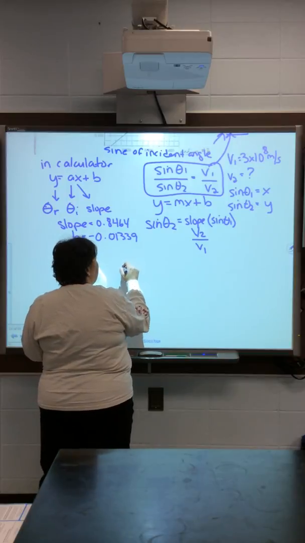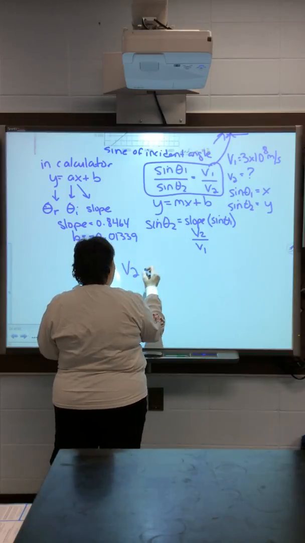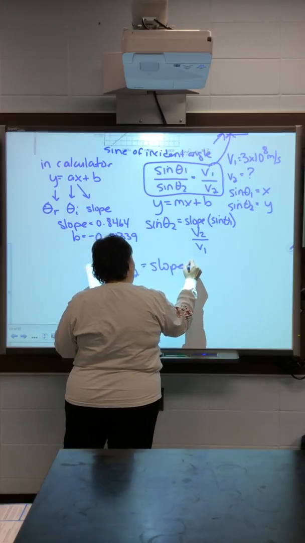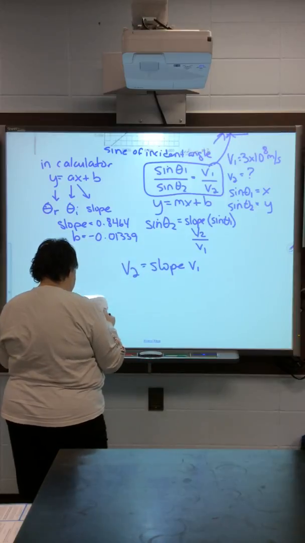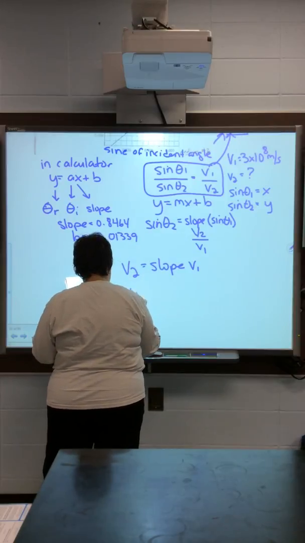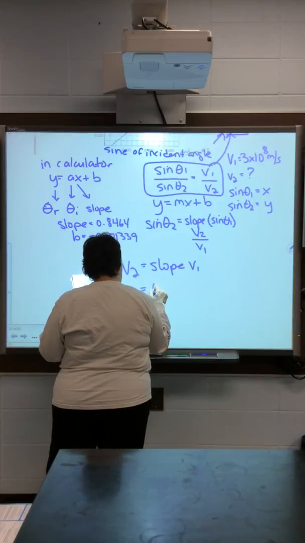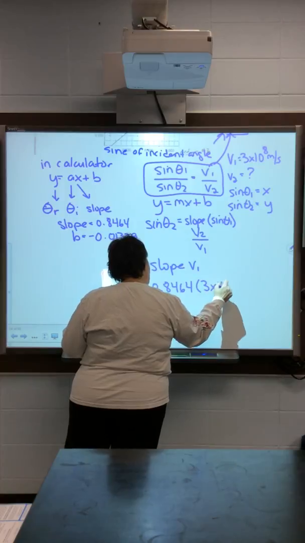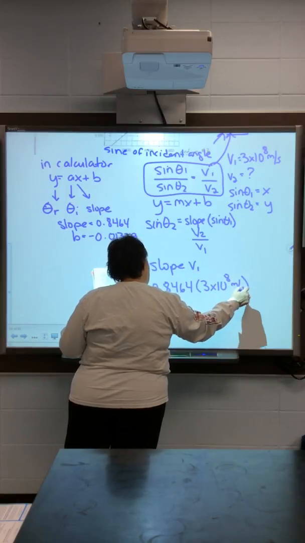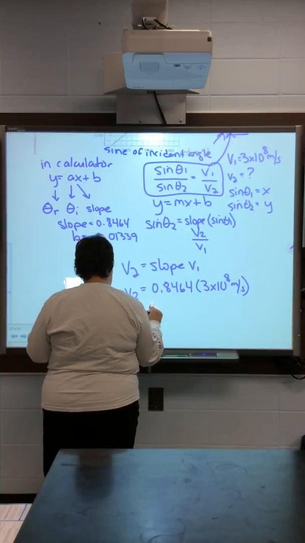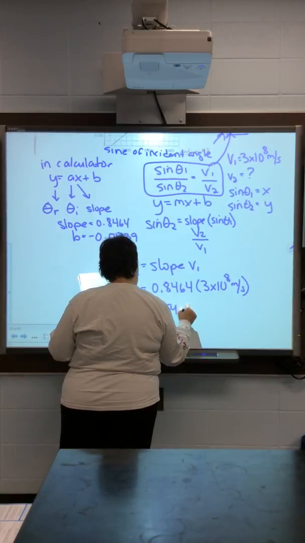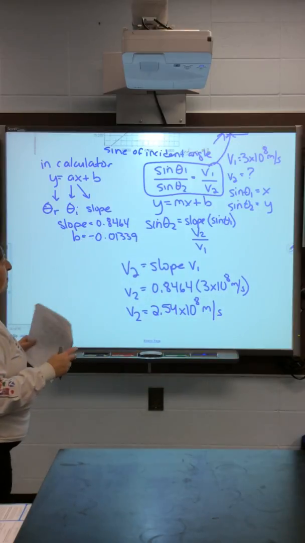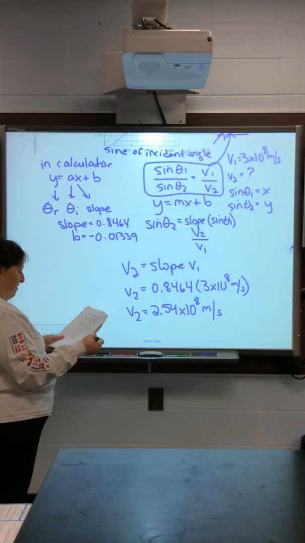So then V2, because we need to find it, is going to be slope times velocity 1, which is equal to 0.8464 times 3 times 10 to the 8 meters per second. Velocity 2 is going to be 2.54 times 10 to the 8 meters per second. Okay, that's how we would solve through this one.